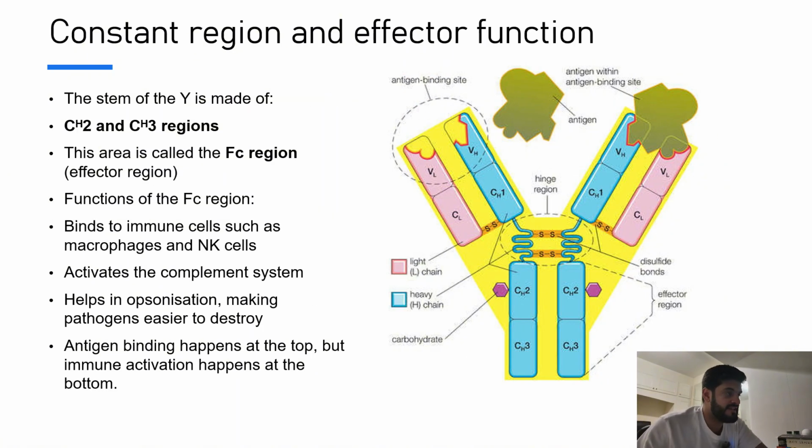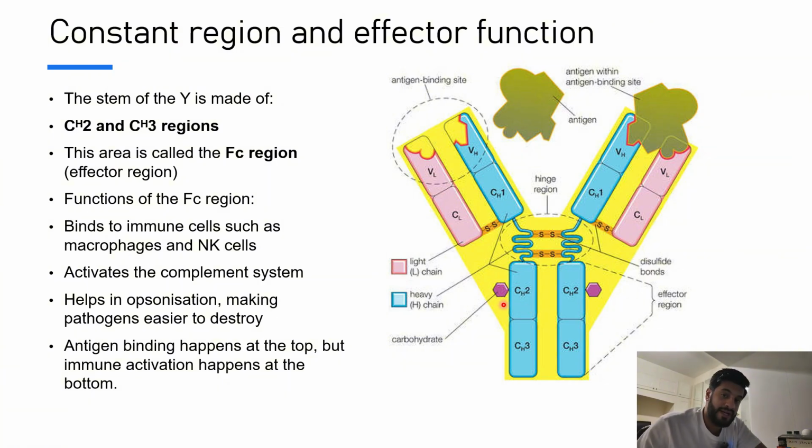Now, constant region and the main parts of the constant region are the CH2 and CH3 as displayed here. This is also known as the Fc region or the effector region. This is what binds to the immune cells, for example, NK cells, which are also known as natural killer cells, and macrophages.